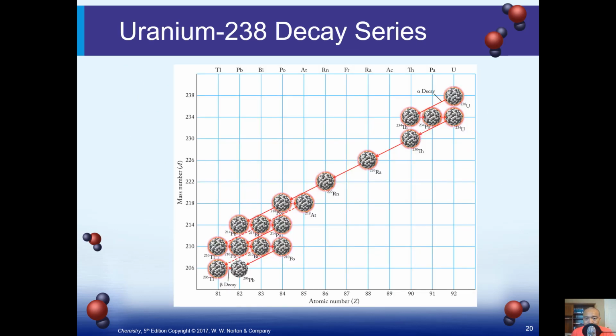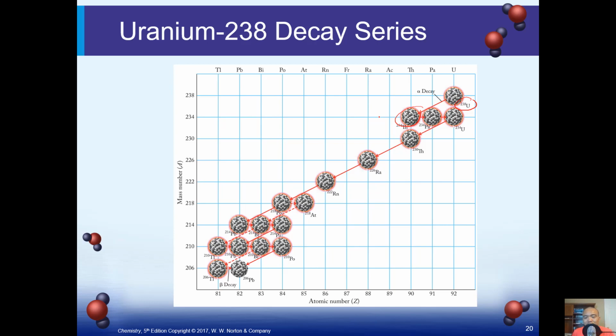As indicated for the decay of uranium-238, the product thorium is still unstable and must undergo additional radioactive decay before a stable nuclide is formed. This is typical of many heavy nuclides that must undergo a series of radioactive decays to achieve stability.